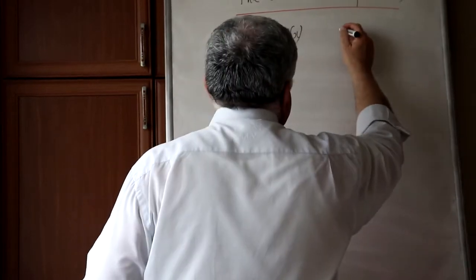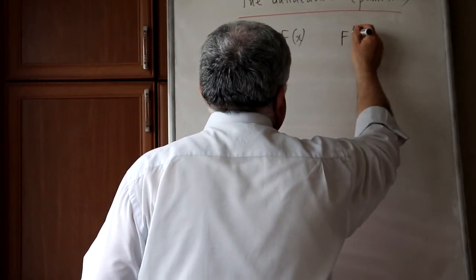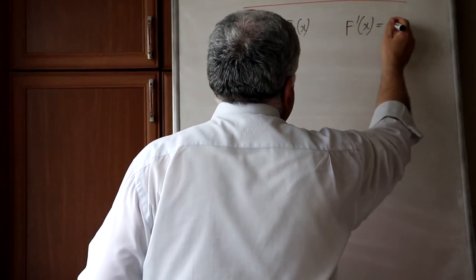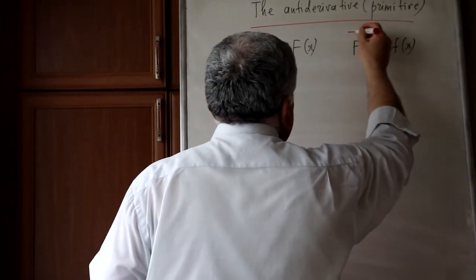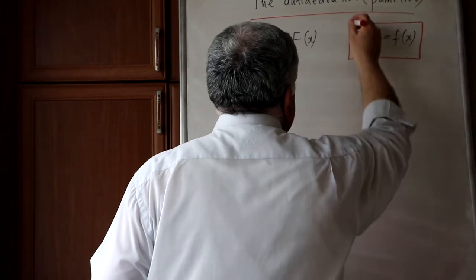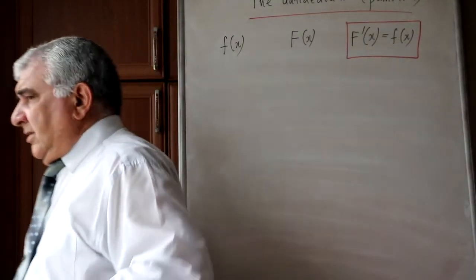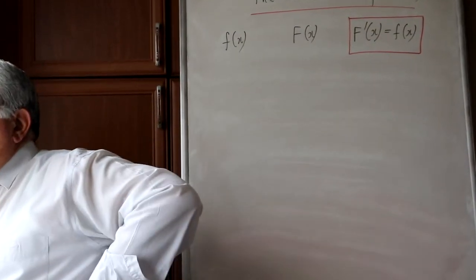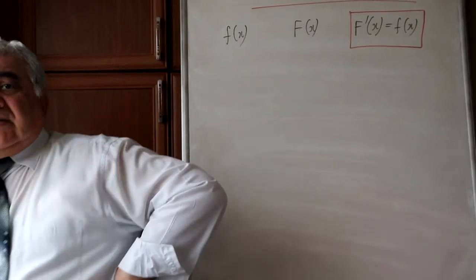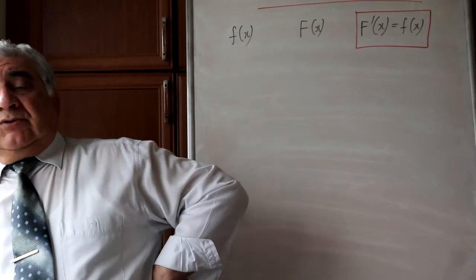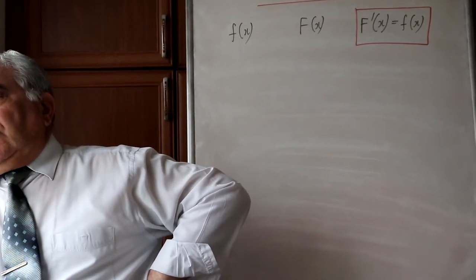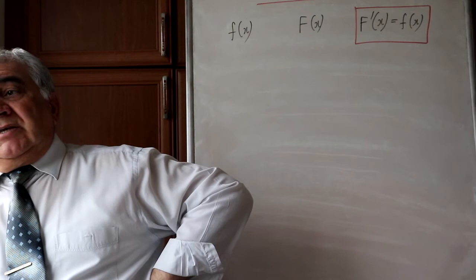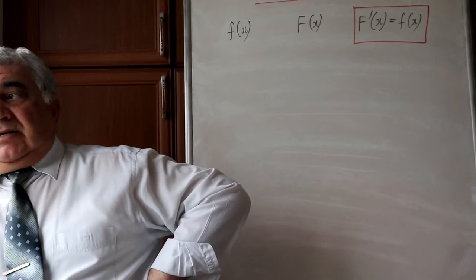That is, f capital prime of x is f little of x. For example, for the function cosine x, its antiderivative is sine x, because the derivative of sine x is cosine x. Therefore, one of the antiderivatives of cosine x is simply sine x.